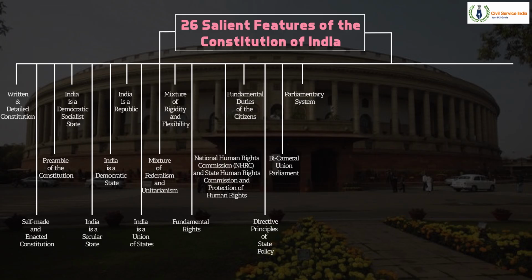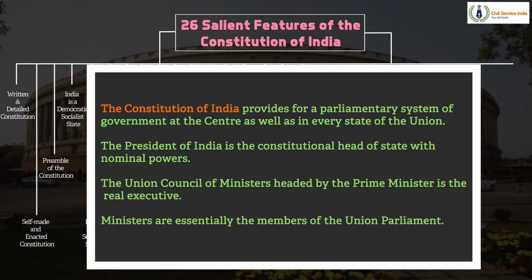Parliamentary System. The Constitution of India provides for a parliamentary system of government at the centre as well as in every state of the Union. The President of India is the constitutional head of state with nominal powers. The Union Council of Ministers headed by the Prime Minister is the real executive. Ministers are essentially the members of the Union Parliament.